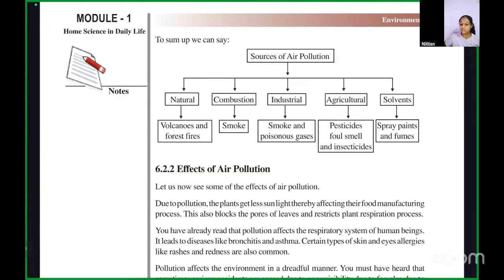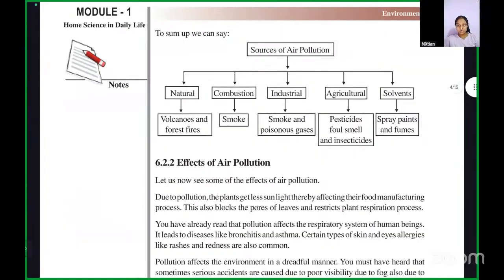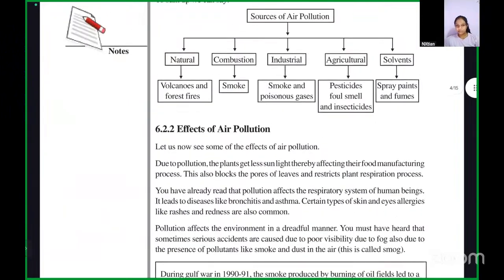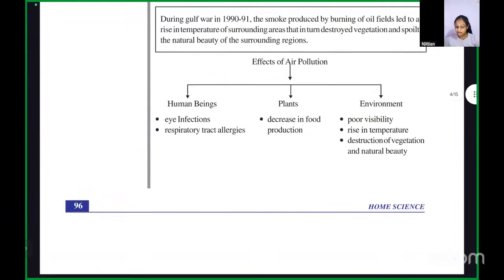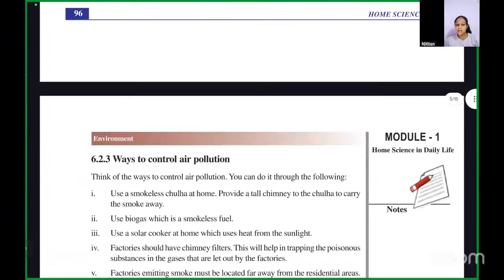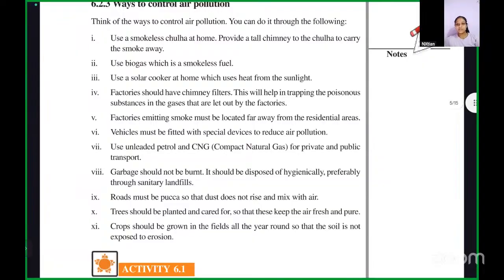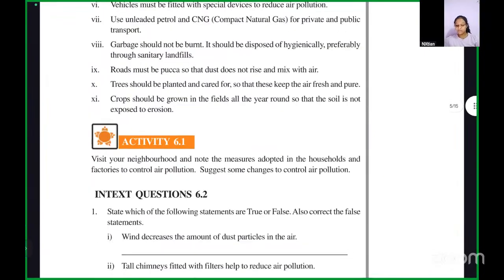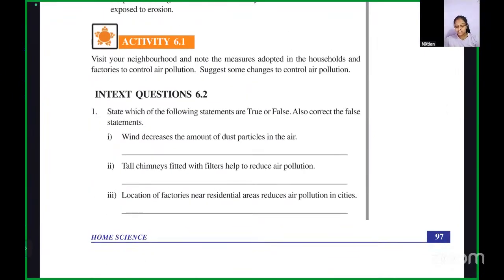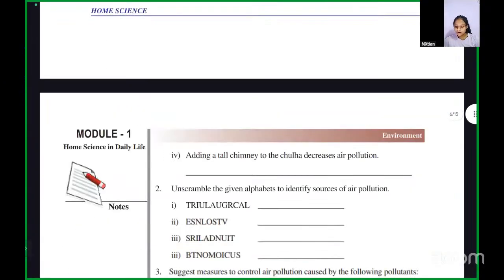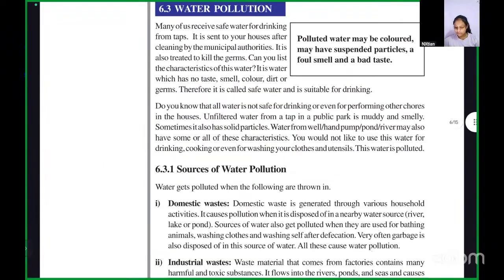We saw the sources. Then we studied air pollution in detail. We saw what its effects are and the ways in which we can control it. Now, we have activity 6.1. True or false? Did we do true or false? Okay, yes, we did this.